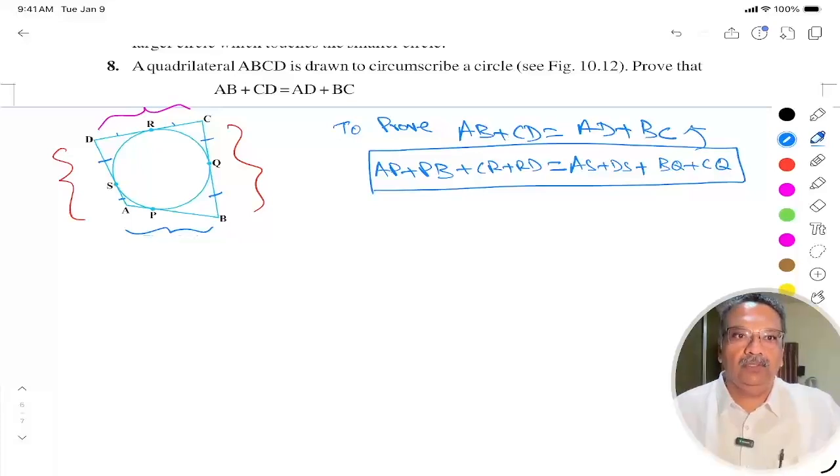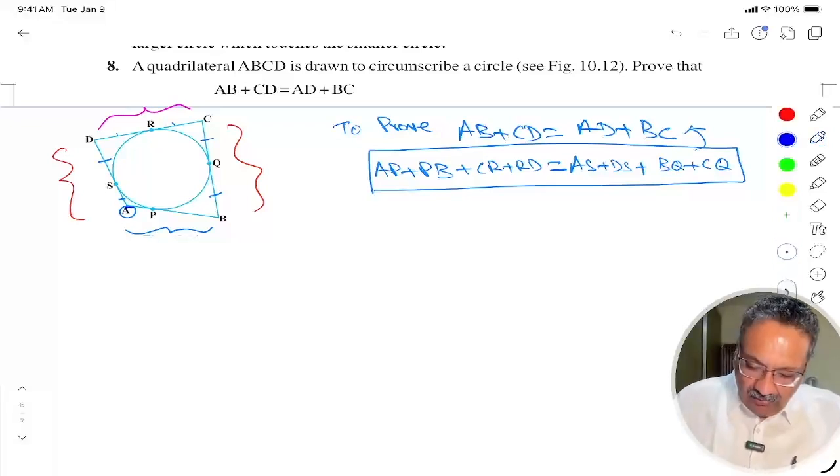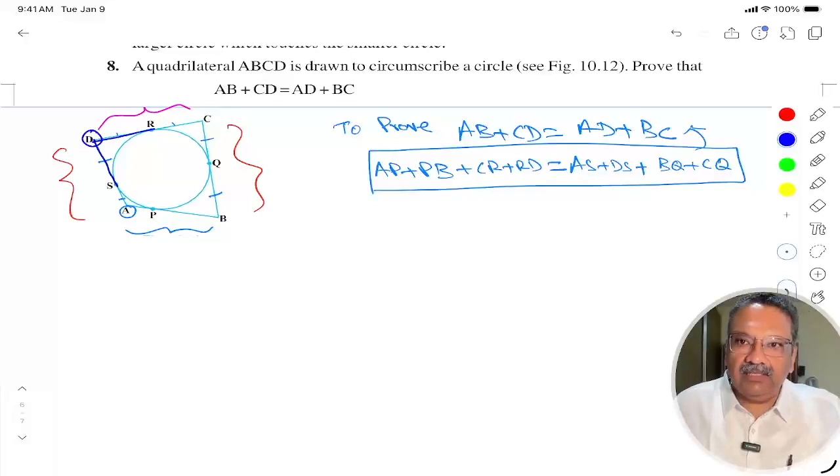Now, further, if you see the diagram, from the point A we have AP and AS as two tangents. Similarly, from the point B we have BQ and BP as tangents to the circle. From the point C we have CQ and CR as tangents, and from the point D we have DS and DR as tangents.